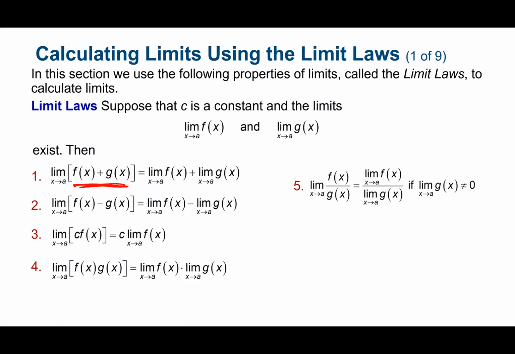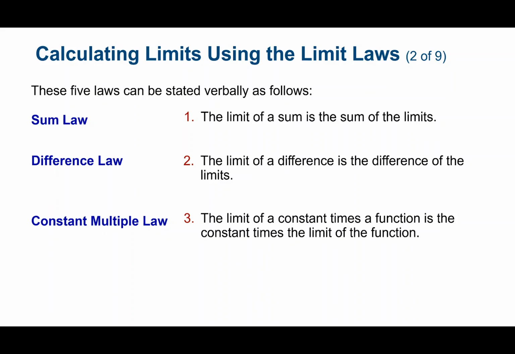And the next couple of slides are just saying these in words, if you want to see them in plain English instead of in the math nerd notation. So the limit of a sum is the sum of the limits, which means we can break it into pieces. Limit of a difference is the difference of the limits.